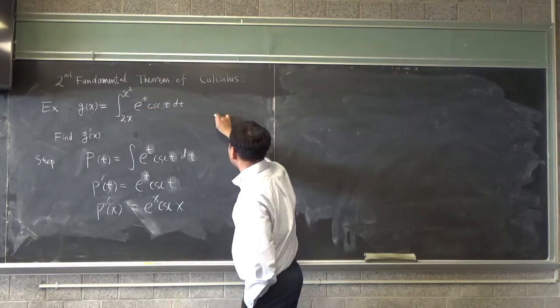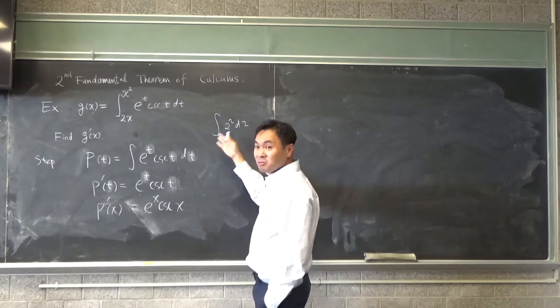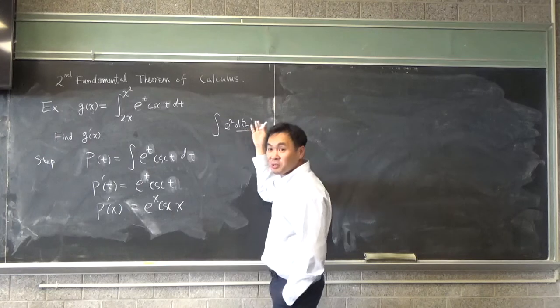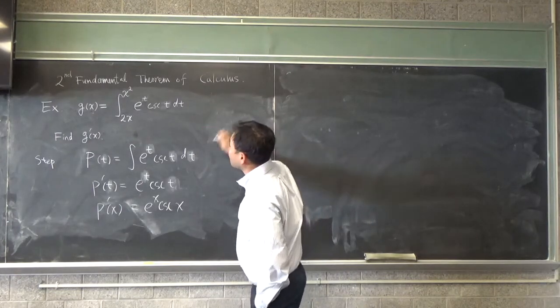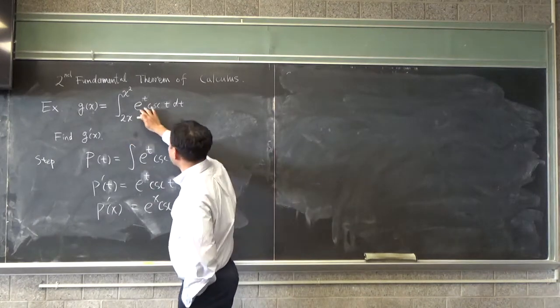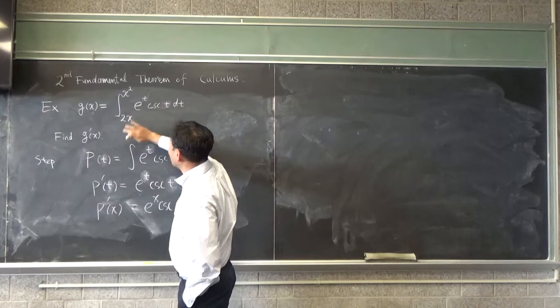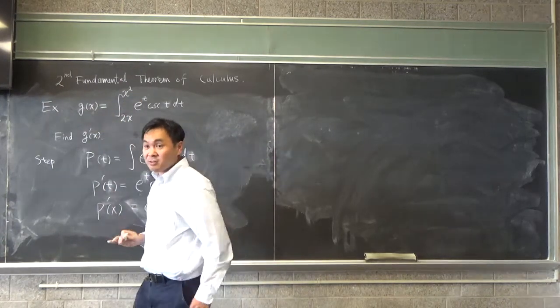Like if you have the integral of, say, 2 squared d2, what does that mean? It doesn't make any sense because 2 is a constant. So to make sense out of this definition, the integrating variable should be t, whereas the bounds would be a function of x.